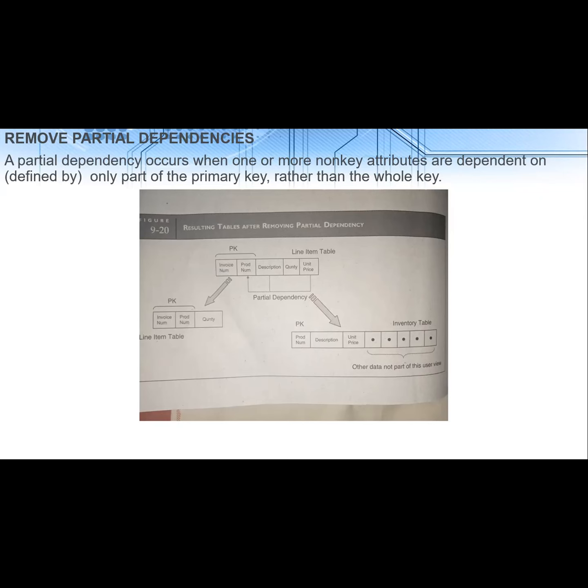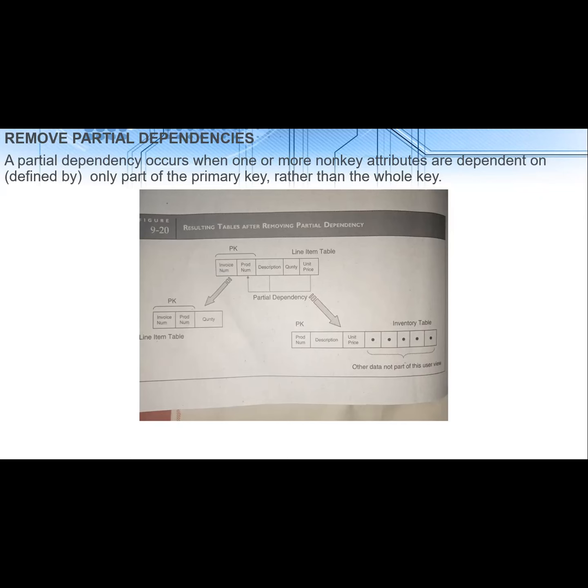Notice that the inventory table will contain additional attributes that do not pertain to this user view. A typical inventory table may contain attributes such as reorder point, quantity on hand, supplier code, and warehouse location. This demonstrates how a single table may be used to support many different users.